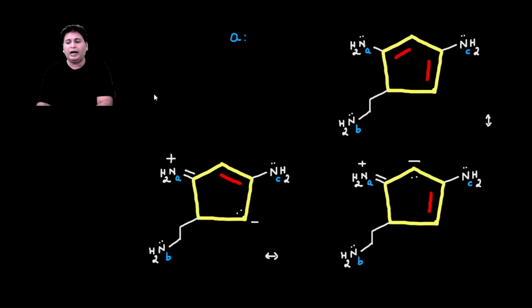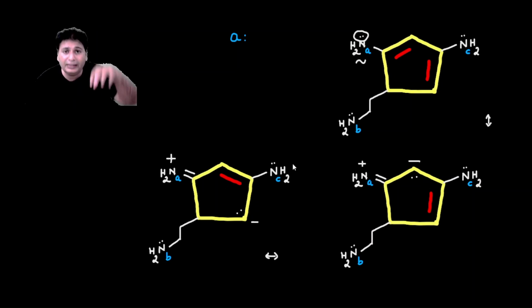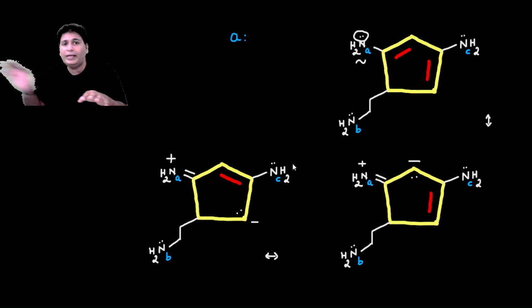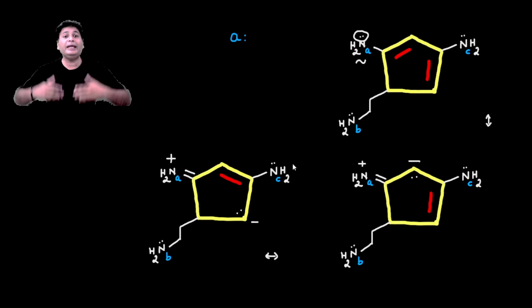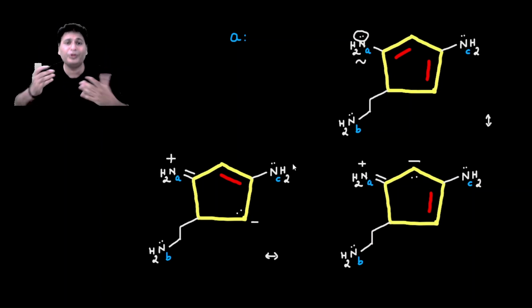If you look at A, the nitrogen A has a lone pair, and since its basicity is under test, you have to think about the availability of the lone pair on that nitrogen. If the lone pair remains available on that nitrogen and is not going here and there, then it will have more tendency to give.